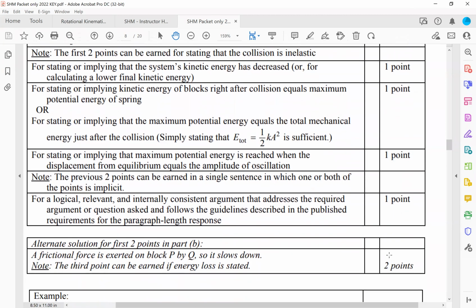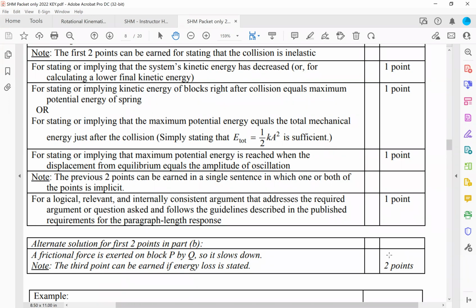Okay, and then it says "for a logical, relevant, and internally consistent argument that addresses the required argument," and so on. That last point on the paragraph responses, y'all, isn't related to physics. Of the 7 points, what's pretty standard is that 1 point is for your communication of physics ability. Can the grader interpret that you have good flow, you're not contradicting yourself?